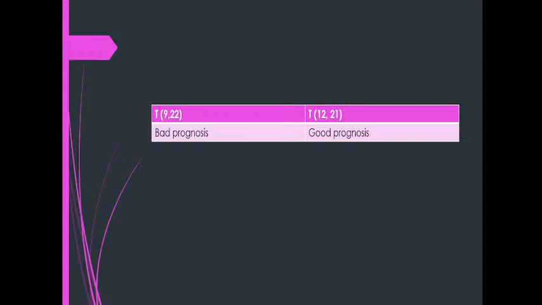Okay? I'm sorry, but there's no easy way out of this. Okay? And the one with the bad prognosis, meaning there is likelihood that they will not survive by the end of the year, is the one that has translocation 9;22. Okay? One with the good prognosis is somebody who has the 12;21 translocation. Okay?